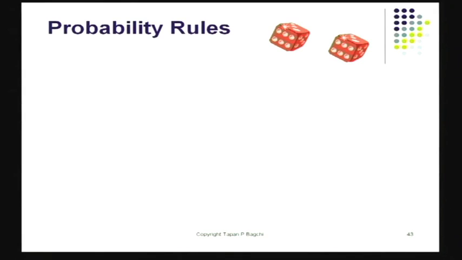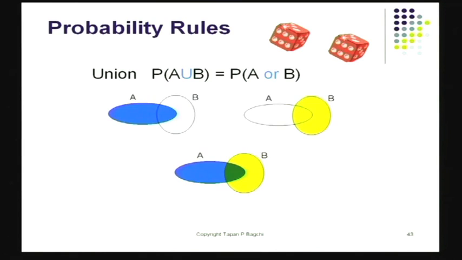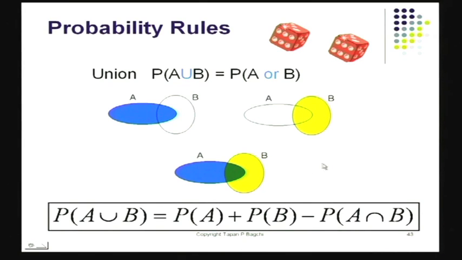If you look at my screen here, I have the union defined as I've defined here. The union, the probability of A union B, turns out to be any outcome that falls either in A or in B. If you look at the colored regions here, the blue and the yellow, everything that is either in blue or in yellow, or of course in both, has the property that it belongs to A union B. And you already know about the intersection, which is the green area right in the middle.